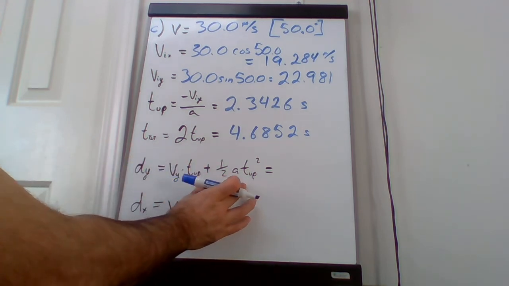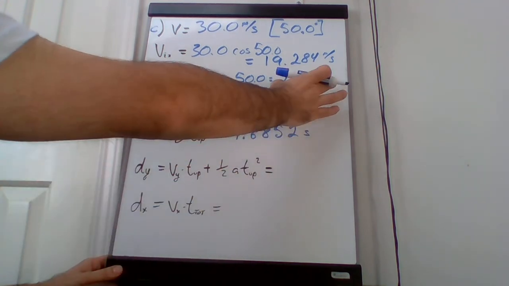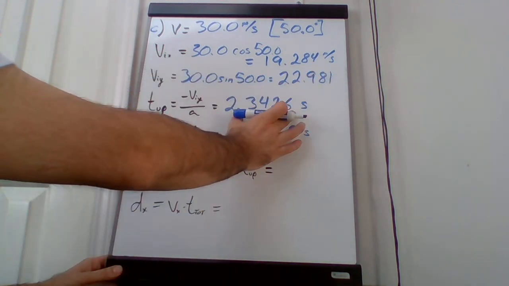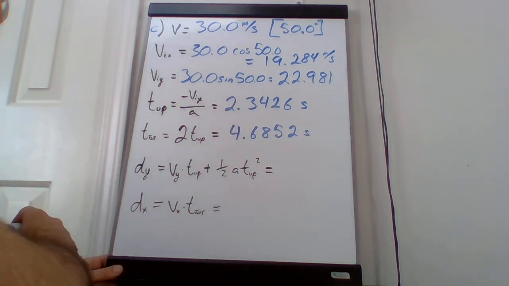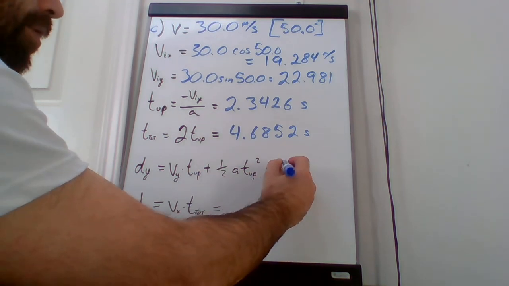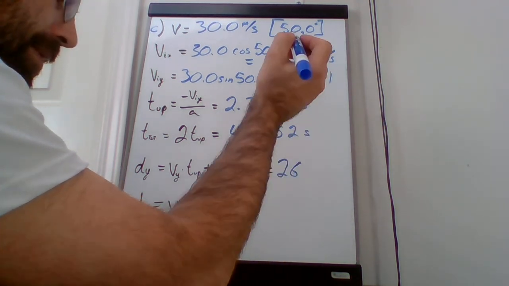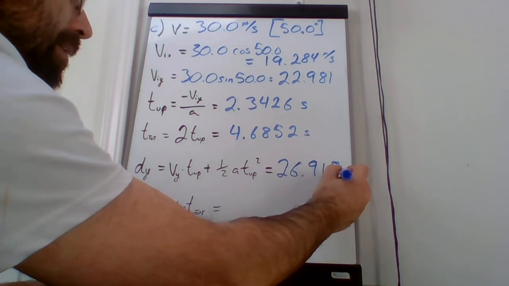Solve for our maximum height, or our height at peak. We need the initial velocity upwards, the time to go upwards, and then our acceleration due to gravity. We plug all those values into this equation here, and we get 26.918 meters.